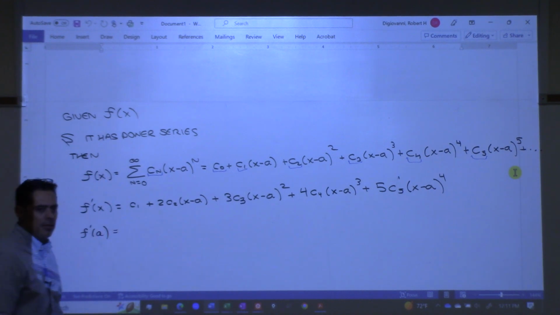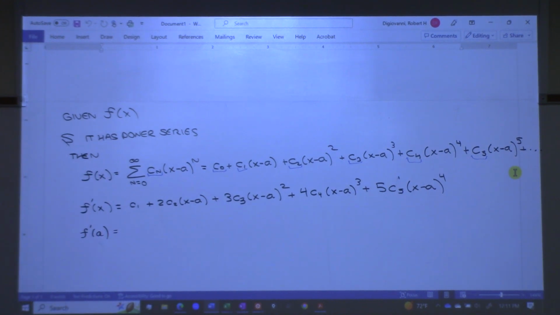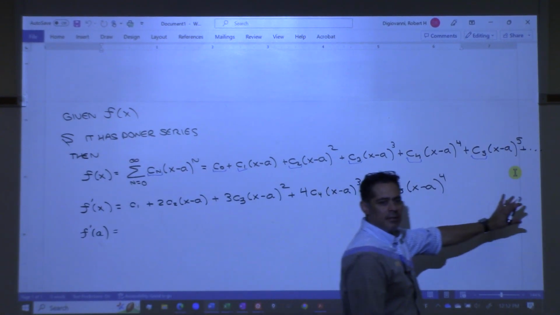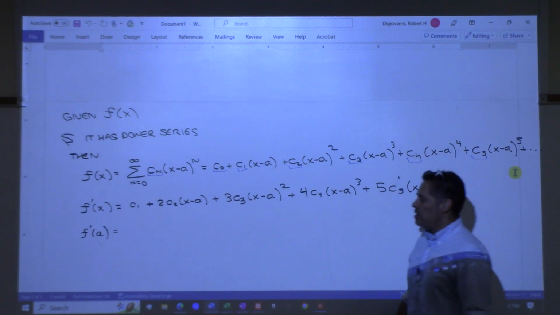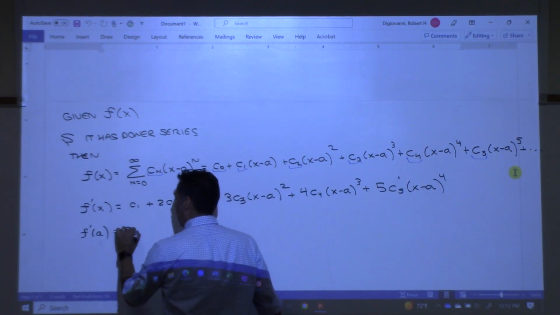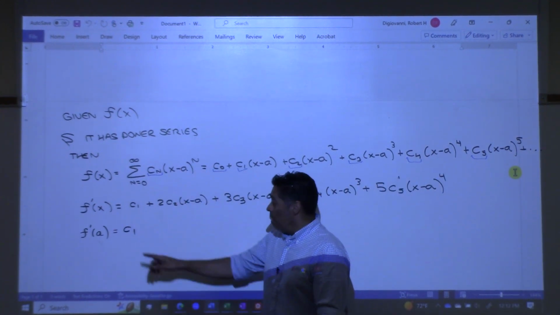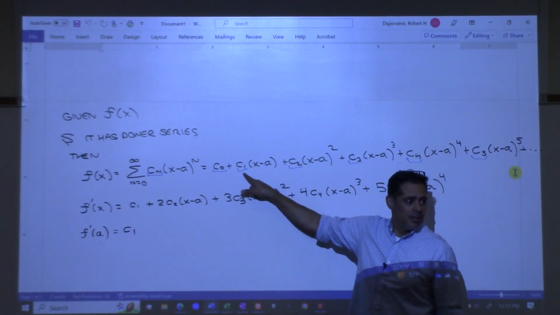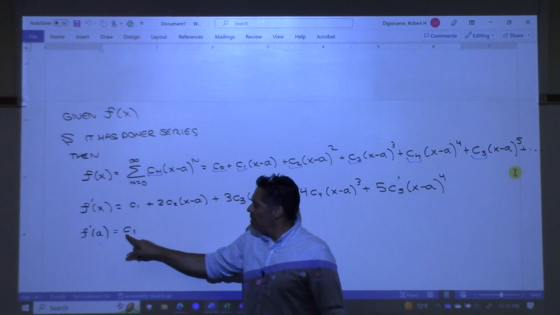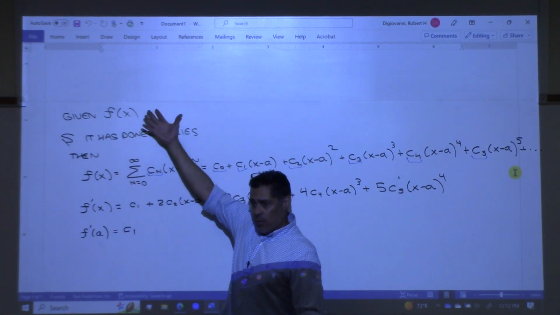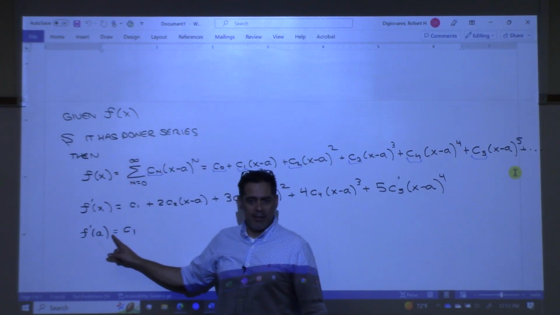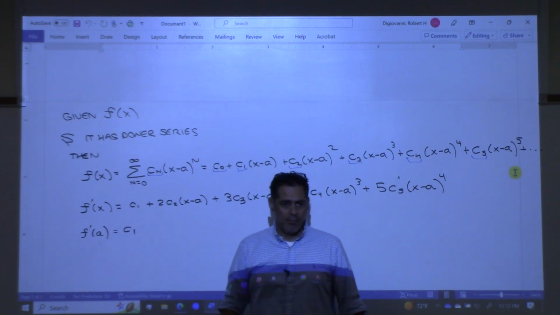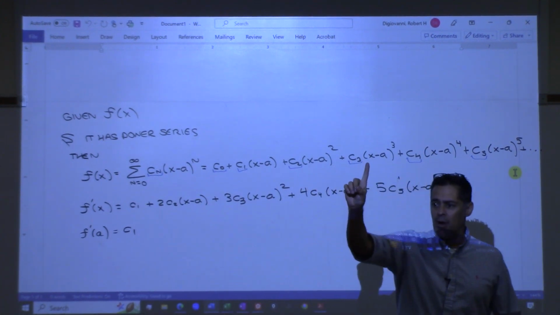This is the big light bulb moment. You get c sub 1, because every other term goes away. So you actually just gave me exactly what c sub 1 has to be. c sub 1 is just the derivative of the function we were given evaluated at a. We've got one of them, right?